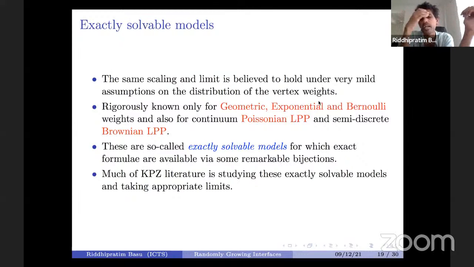So these are referred to as exactly solvable models. Much of the KPZ literature over the last 20 years, at least on the discrete side of things, is identifying these exactly solvable models, studying these formulas, and doing hard analysis on these formulas, taking appropriate limits to establish these predictions in those specific cases.